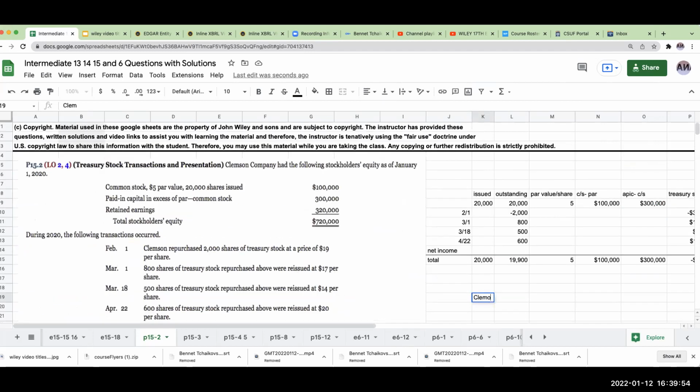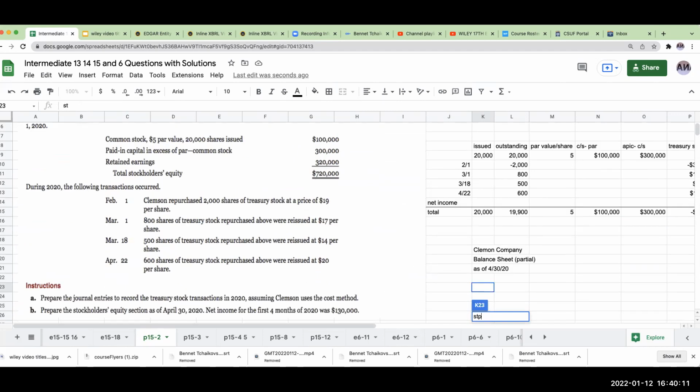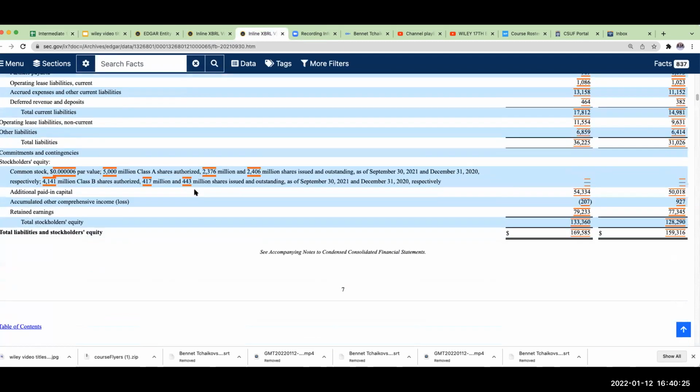So we have Clemson Company, balance sheet, partial, as of 4/30/20. Over here, what we would do is owner's equity, or stockholders' equity. So we're going to have common stock at par. Okay, common stock, here we go.